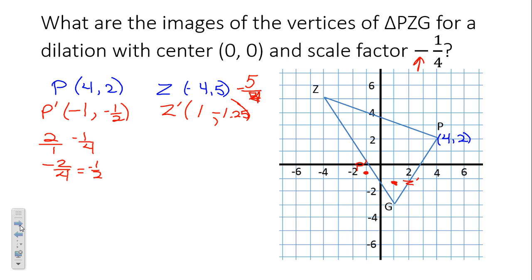As long as you're close, you bet. The thickness of your pencil can throw things off. Okay? Then the last one. What's our last point? G. So, Maddie, what are G's coordinates? 1, -3. So, who wants to tackle that one? What will G prime's coordinates be?